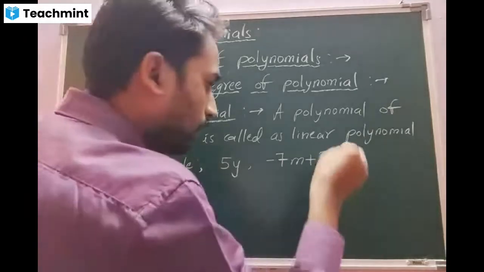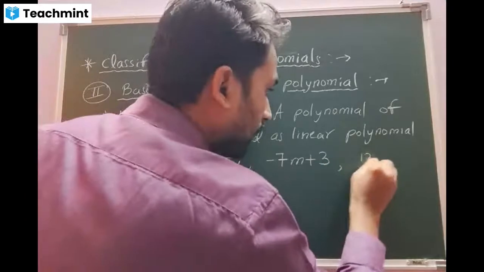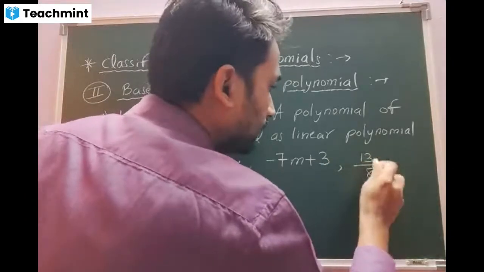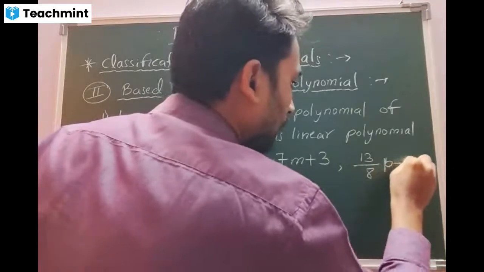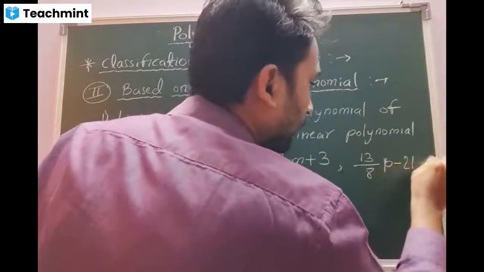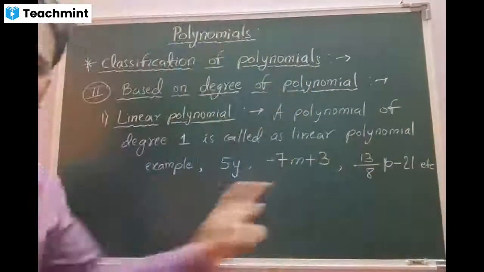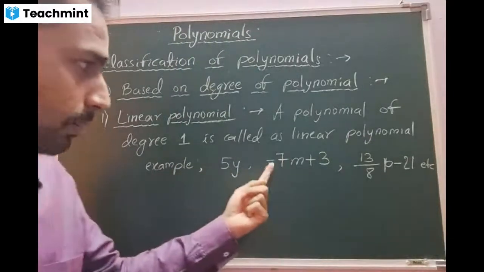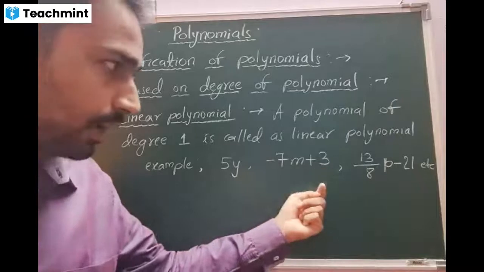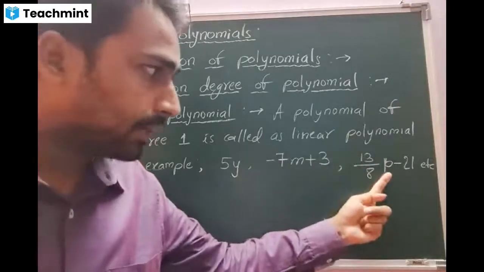Let me write one more, 13 by 8 p minus 21, etc. Better copy fast. 5y, comma, minus 7m plus 3, comma, 13 by 8 into p minus 21.